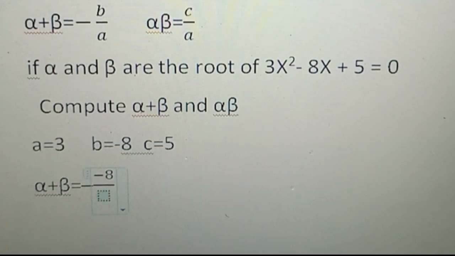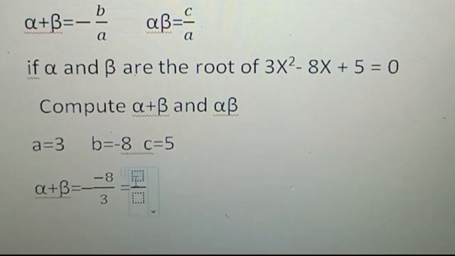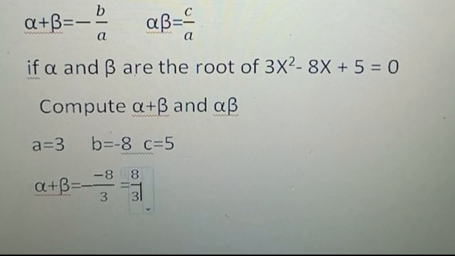So alpha plus beta is negative of negative 8 over 3, minus and minus is plus, so we have 8 over 3. That's all for the first question.